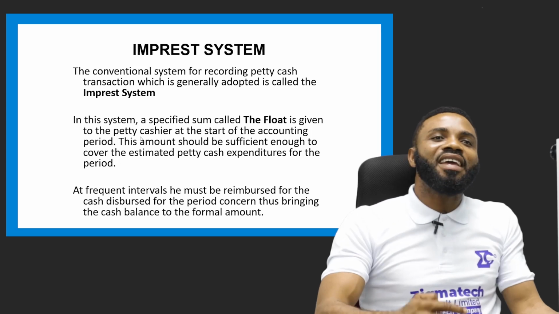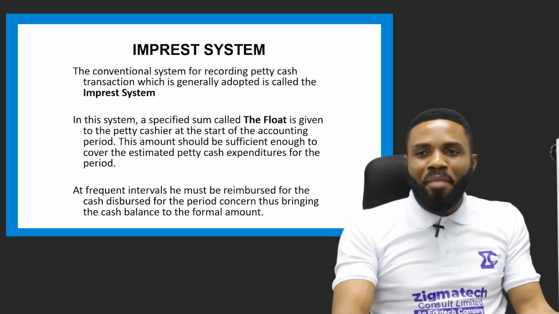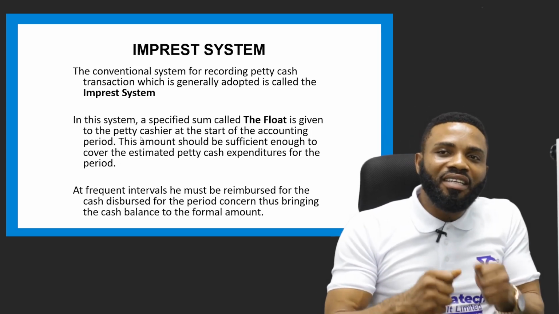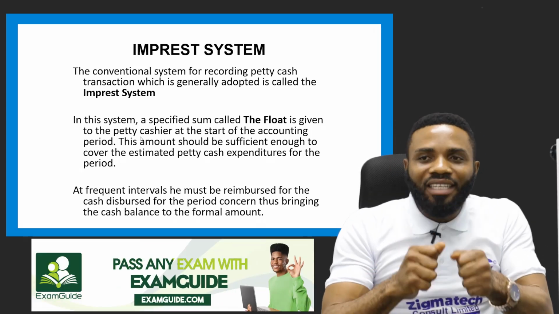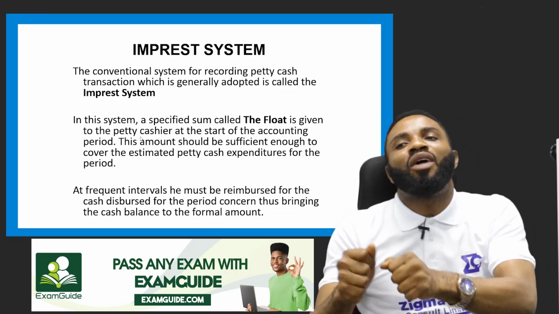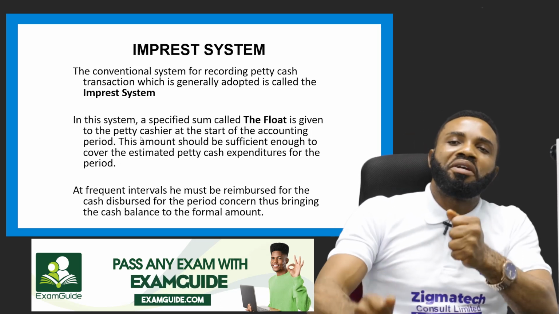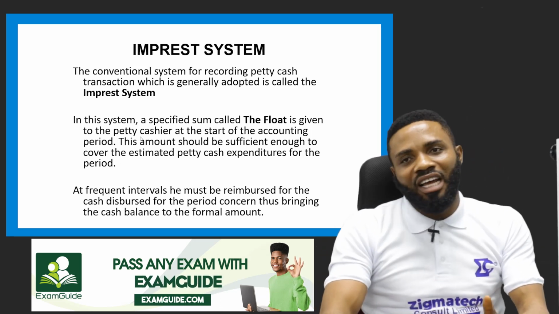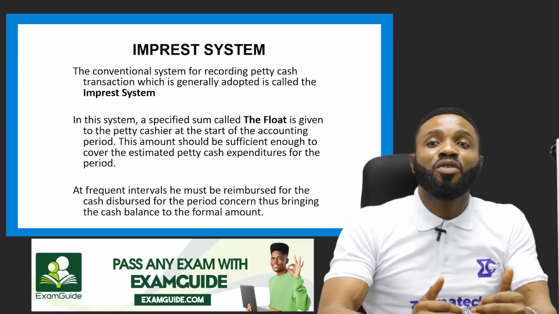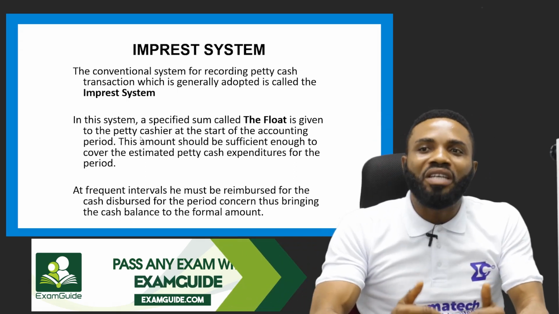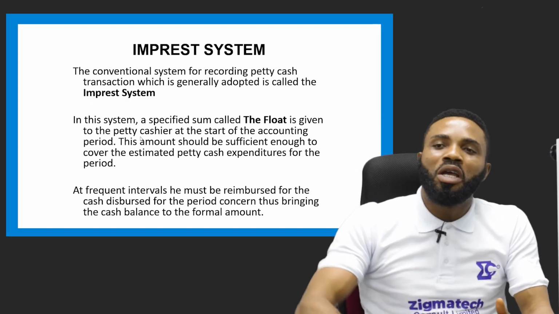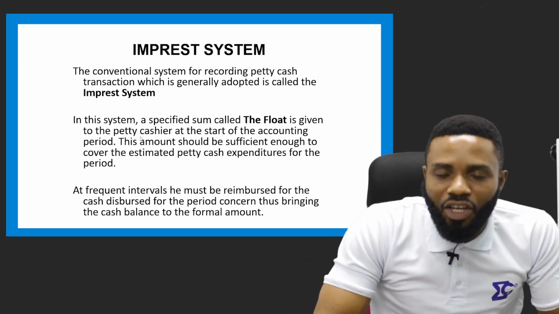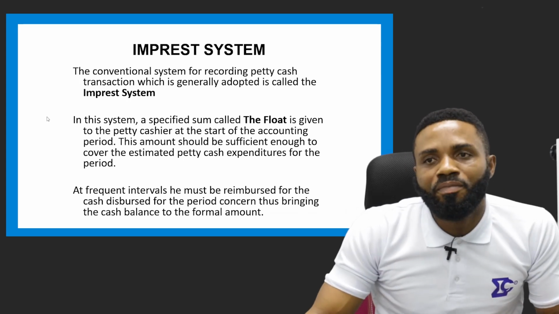At the end of the month, the petty cashier will present the petty cash expense voucher indicating expenses paid out, and then the main cashier will reimburse that 150,000 that has been paid. That's why I said at frequent intervals he must be reimbursed for the cash disbursed for the period concerned, thus bringing the cash balance to the former amount.